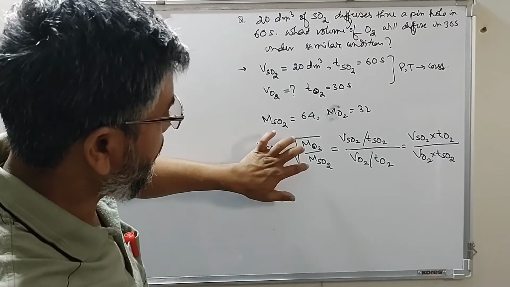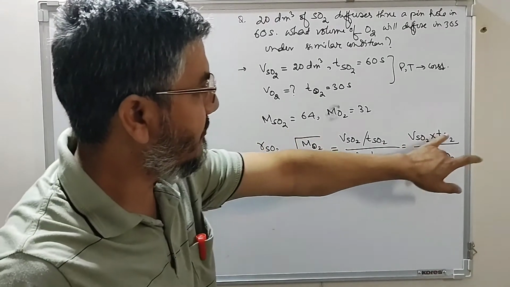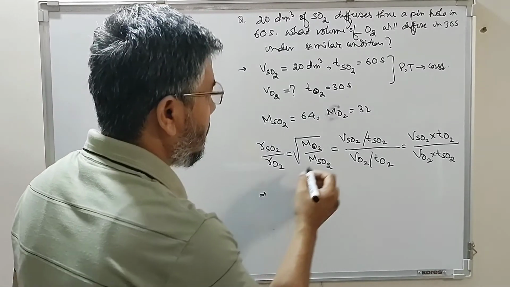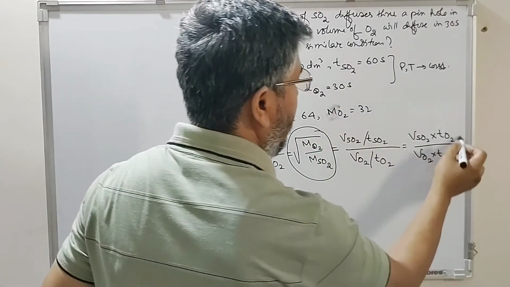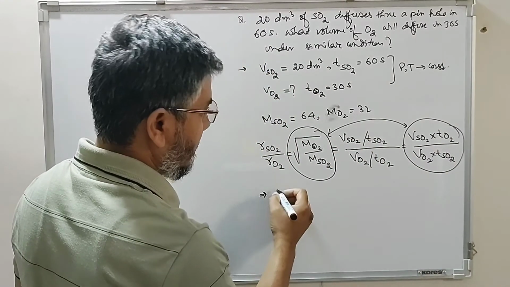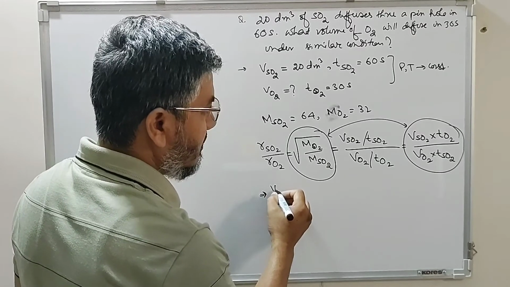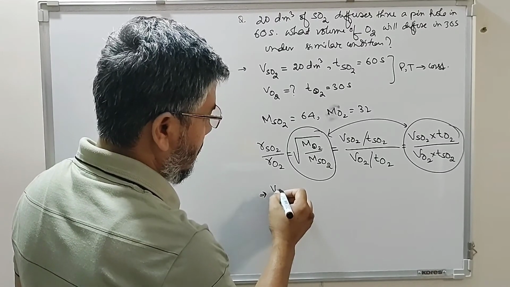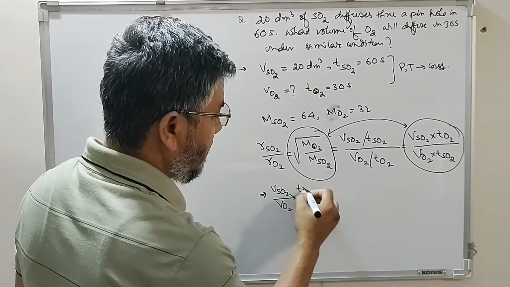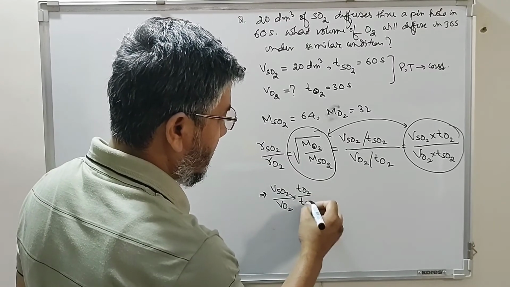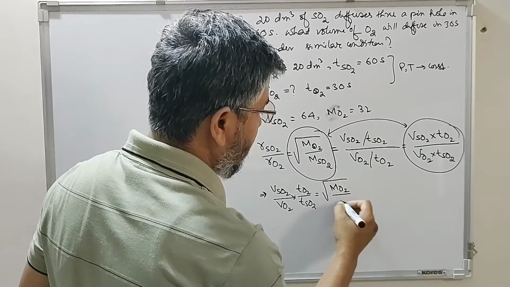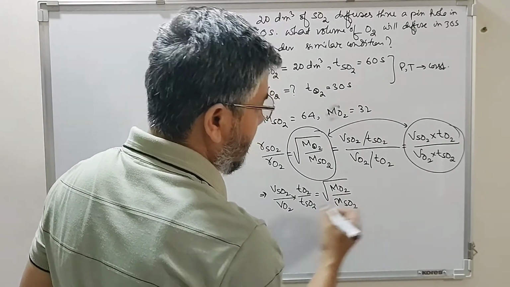We have molar mass, and we have time and volume of sulfur dioxide, so we can easily find V O2. Comparing these two, both are the same. Therefore V SO2 by V O2 into T O2 by T SO2 is equal to under root of molar mass of oxygen divided by molar mass of sulfur dioxide.